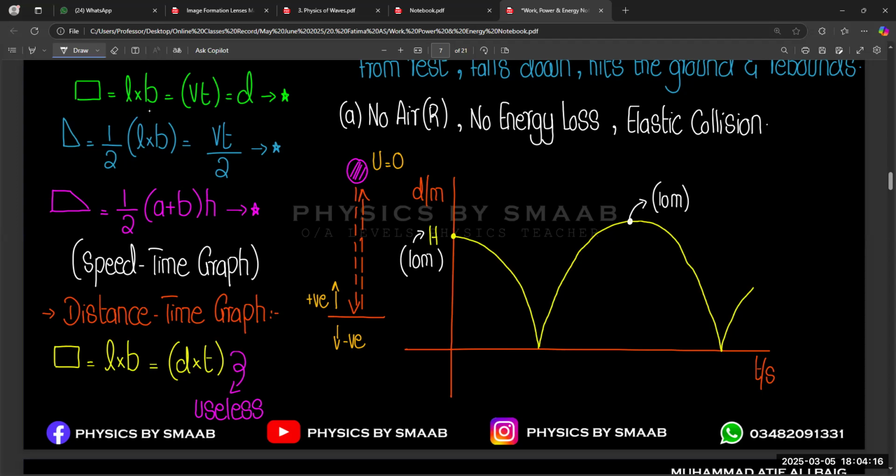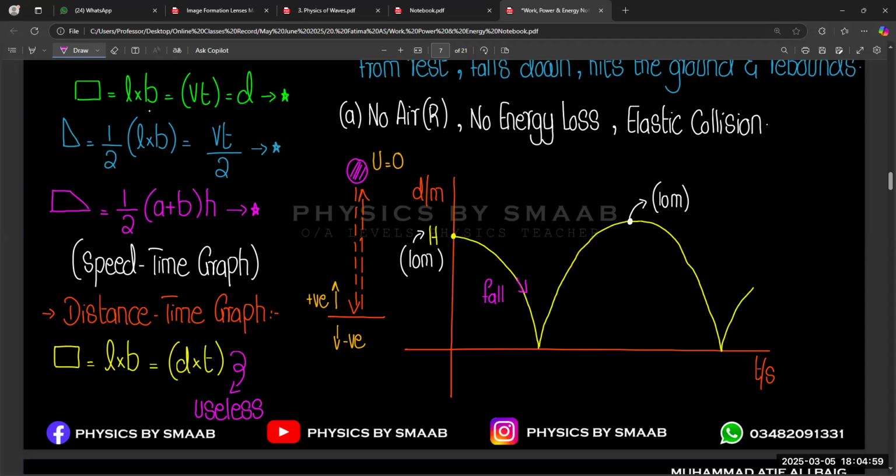Basically, we drop the object from a height and initially the speed is zero. When the ball is moving towards the ground, the speed is increasing, right? Because initially we start from rest and then the speed increases. Increasing speed means acceleration, right? So that's why this is a curved graphical representation. In the first part, basically, this is a distance-time graph, right?